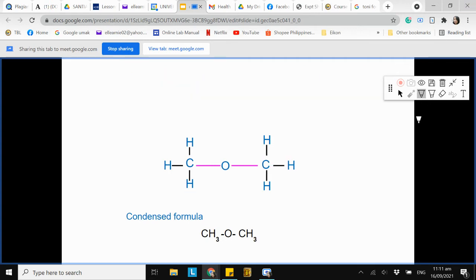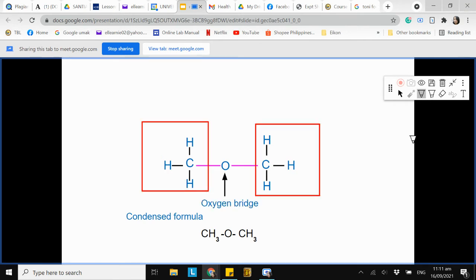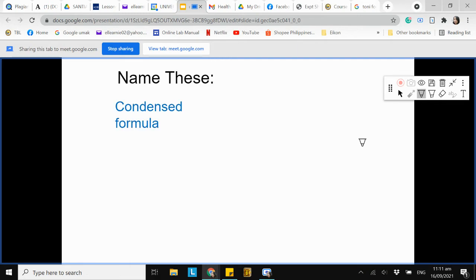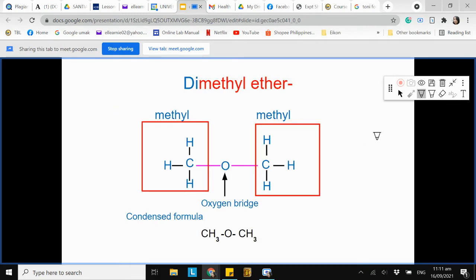Then, on the other one, methyl, dimethyl ether naman siya. So, ano pangalan niya guys? Thank you, Camille. How about this one?